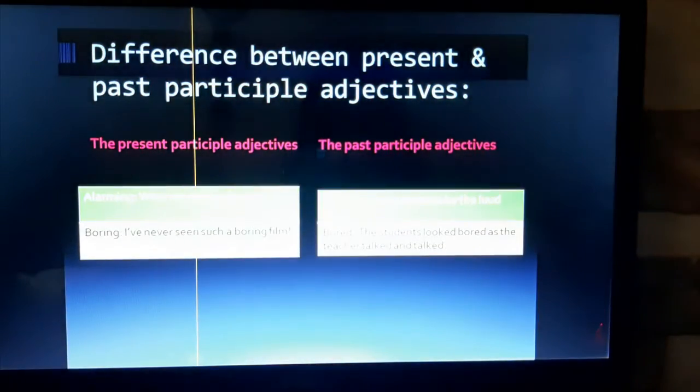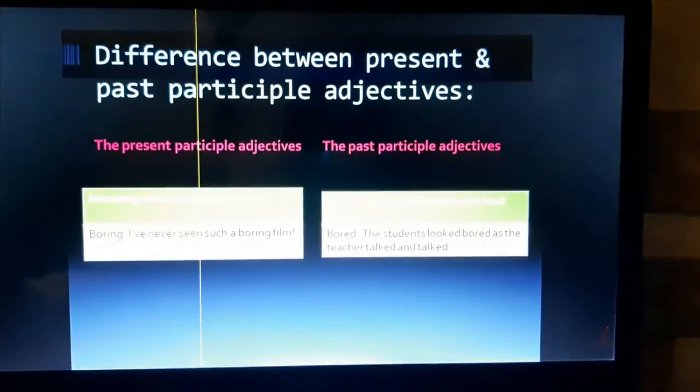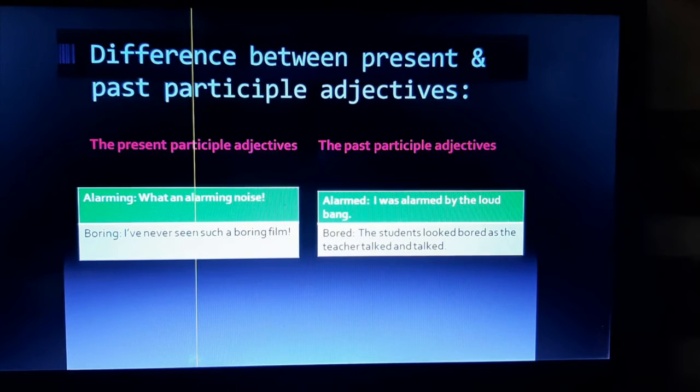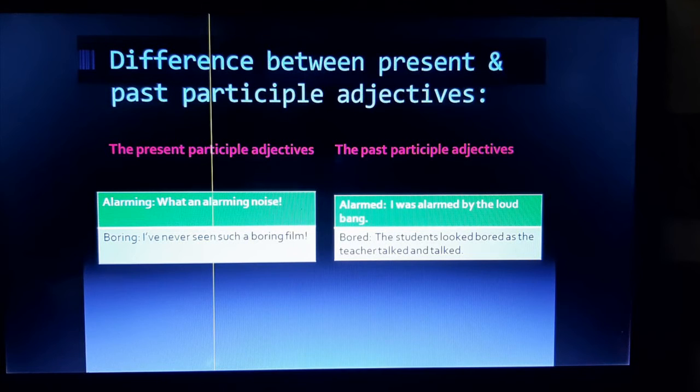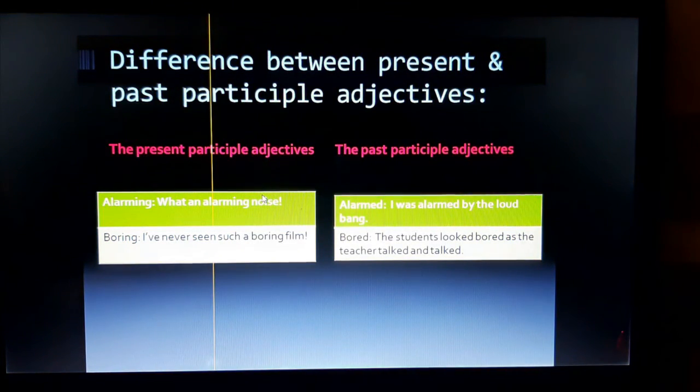Moving on to the next part, we have the difference between present and past participle. You may ask me, ma'am, how could we differentiate between these two participle adjectives? Let's see this with two similar examples. In the present participle, on the left side, we can see the word alarming, and on the right side, the past participle, alarmed. These words come in the same form but look different: alarming ends with ing and alarmed ends with ed, right?